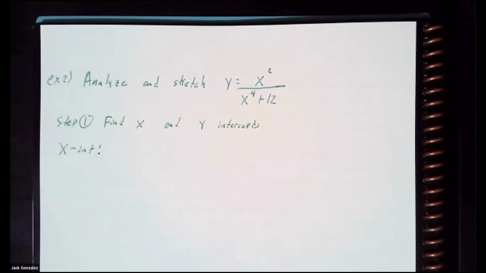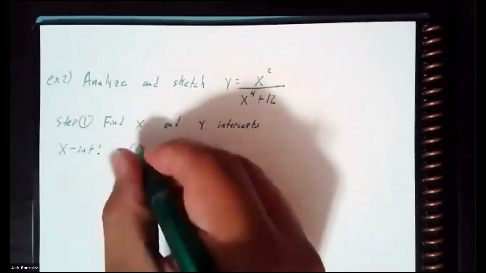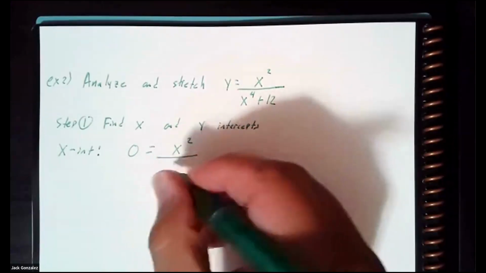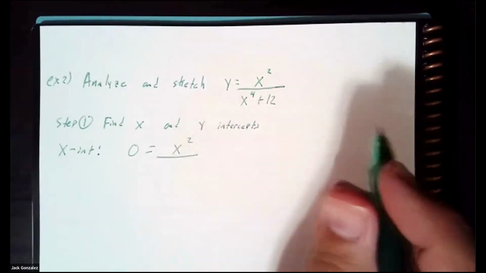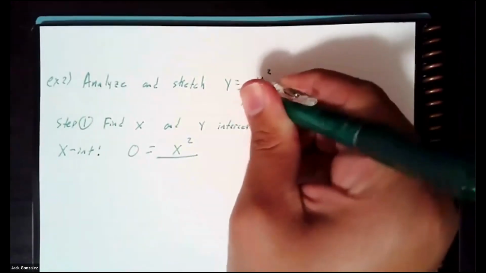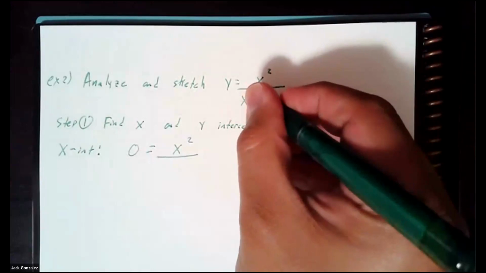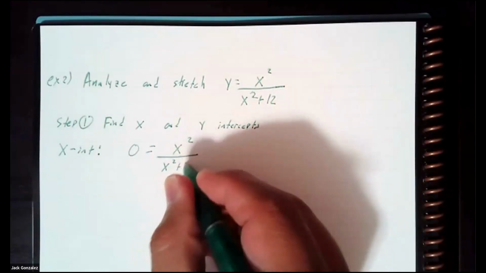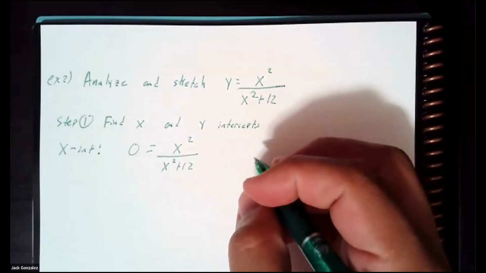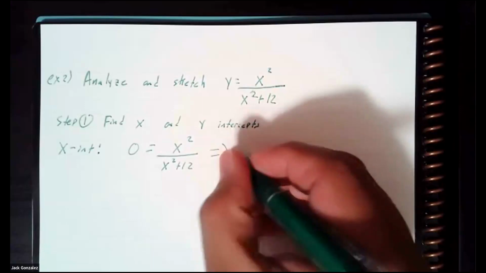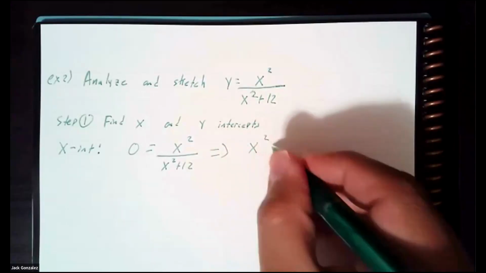Okay. Step one, find x and y intercepts. Just plug in 0 for y. Same deal. I believe this should be a square. Alrighty. So again, the only time this will be 0 is when the numerator is 0.